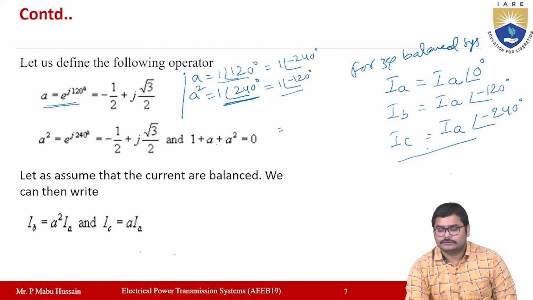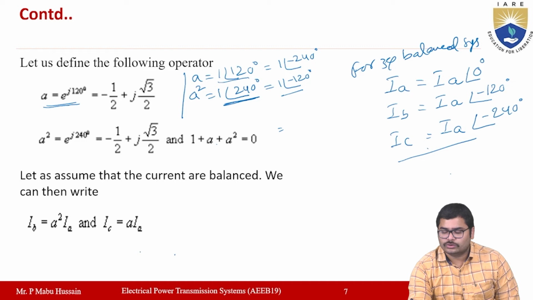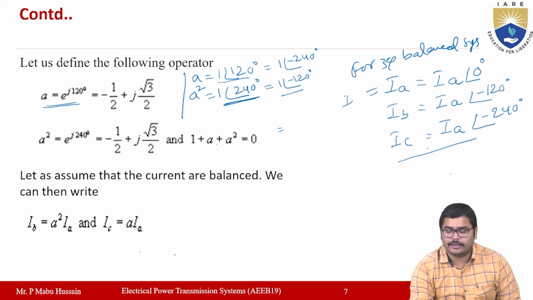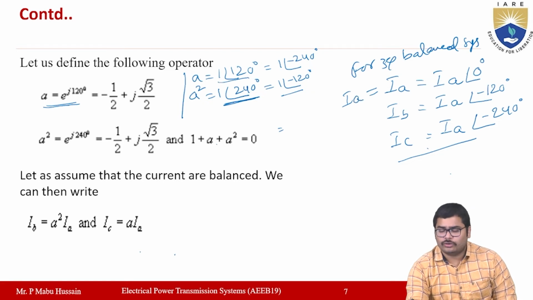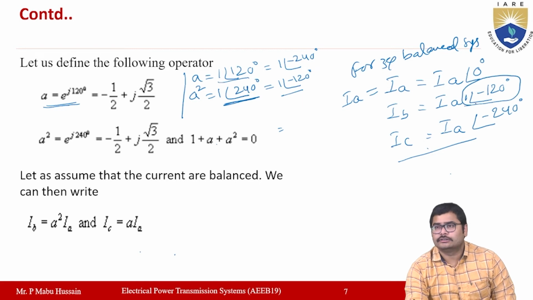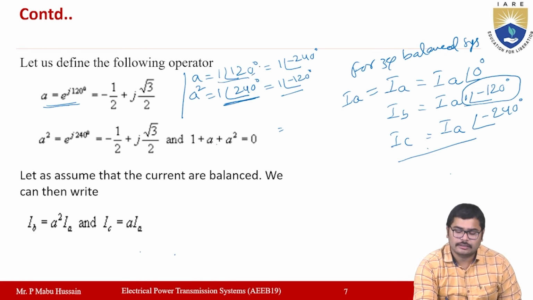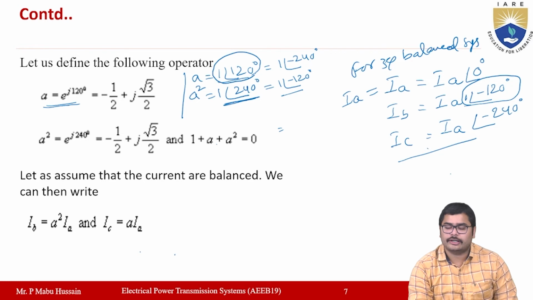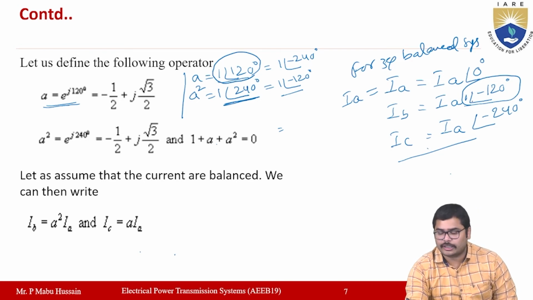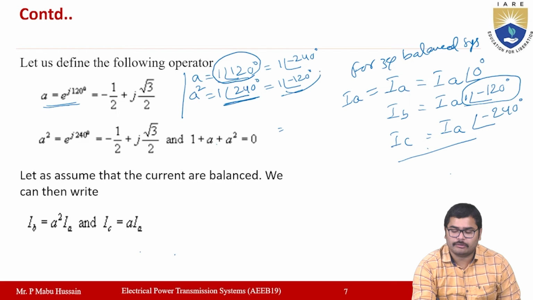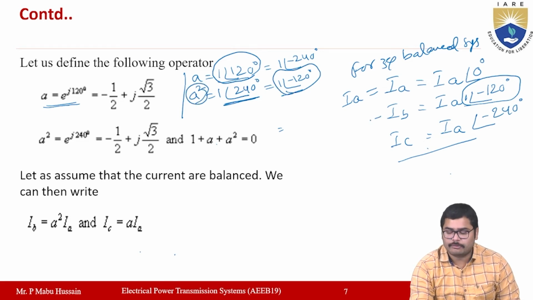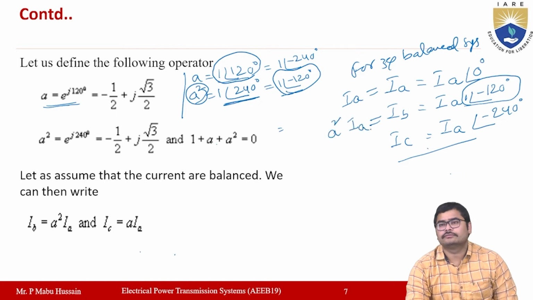Now this IA at an angle 0 degrees, you can simply write as IA. Then IB is IA into 1 at an angle minus 120 degrees, which you can write as A square, so the value of IB is equal to A square into IA.